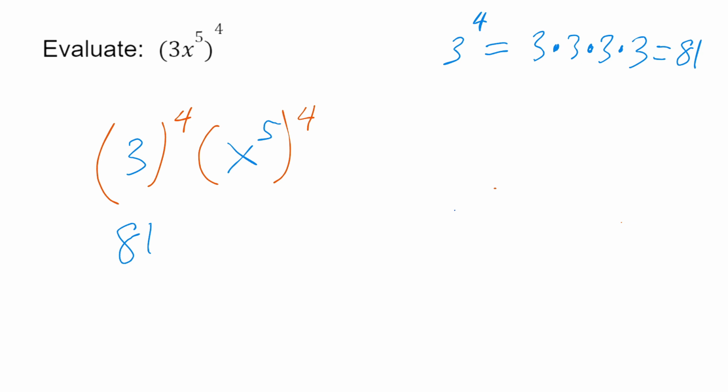So what about this one here? We have x raised to 5 and then raised to 4. Again, that's power of a power rule, right? So what will happen there? It's gonna be simply we just copy the base, the x, and then we multiply 5 and 4. What's 5 times 4? That's 20, right?